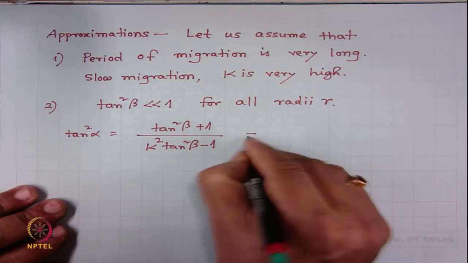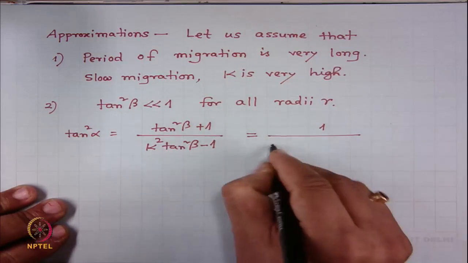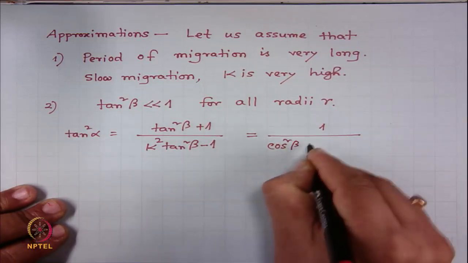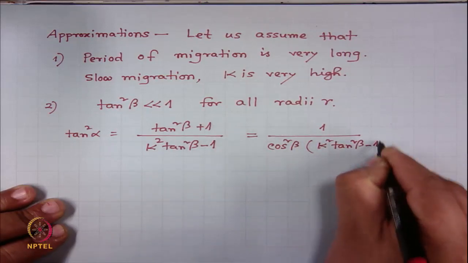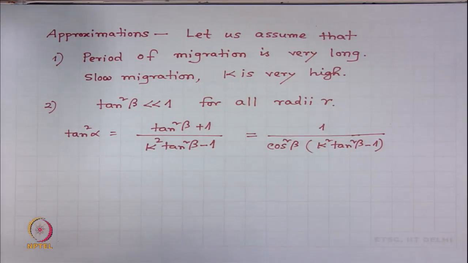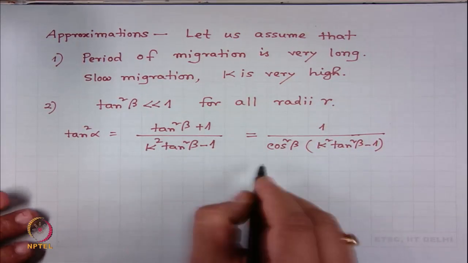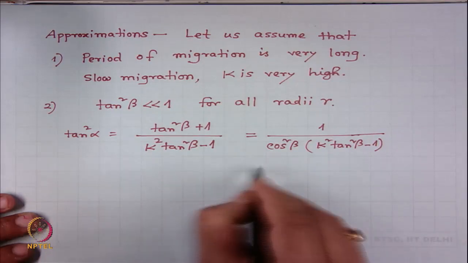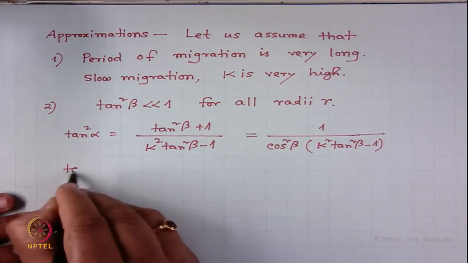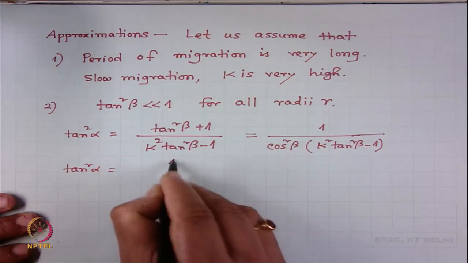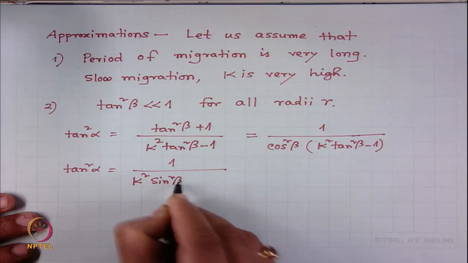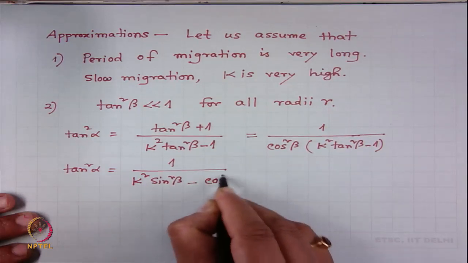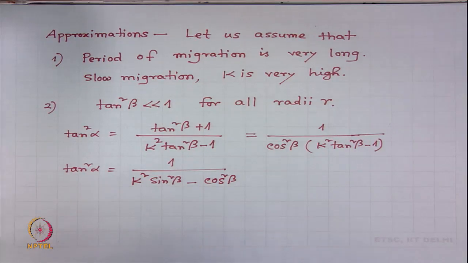So, we can write 1 by k square, sin square beta minus cos square beta. Sin square beta is equal to 1 minus cos square beta.